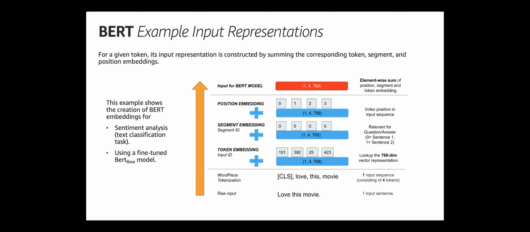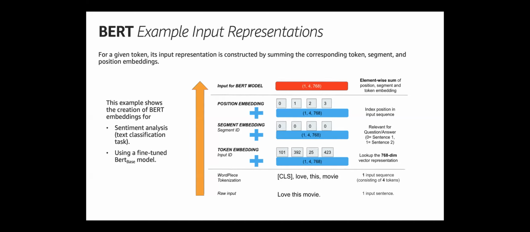All right, so in this example, we have one input sequence consisting of those 4 tokens. And then in the next step, we look up the token embedding for the token, which is a 768 dimensional vector representation. And here I have the ID pointing to that. Then the segment embedding is basically just saying whether in a sentence pair, it's the first sentence or the second.